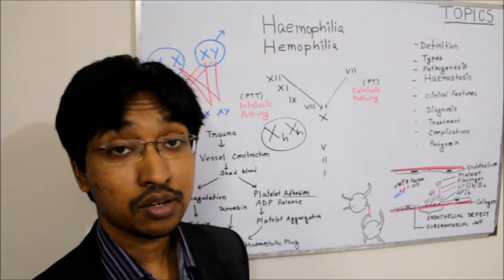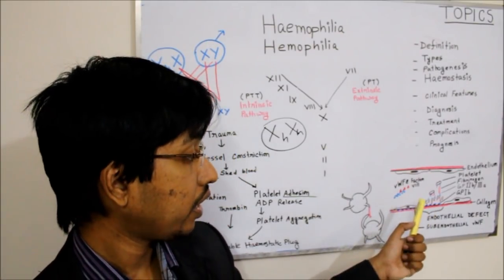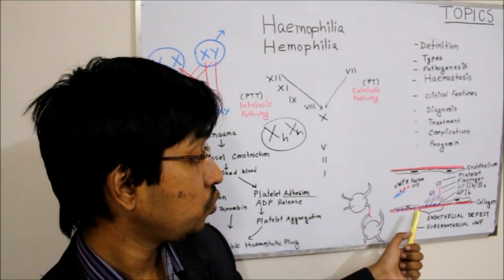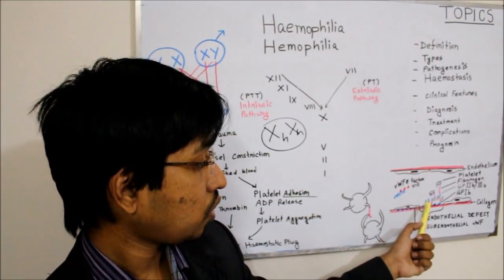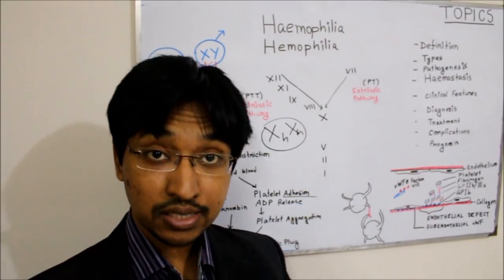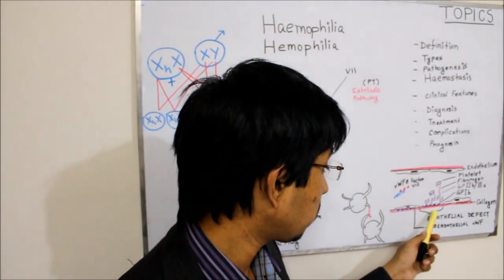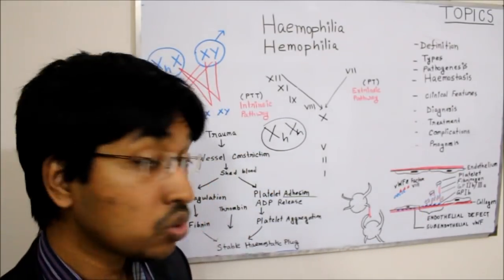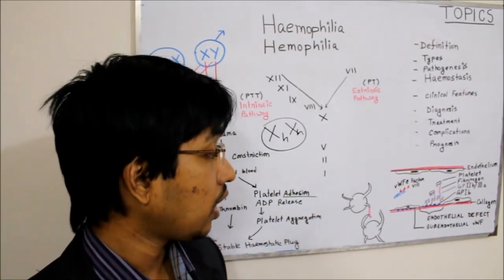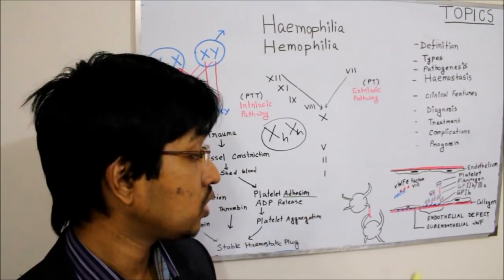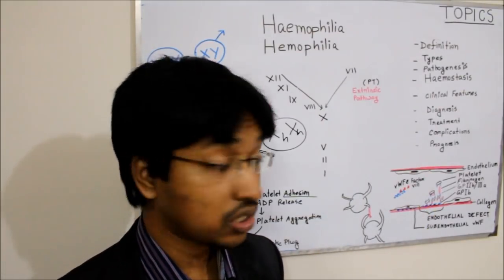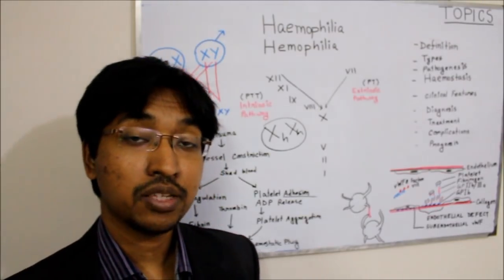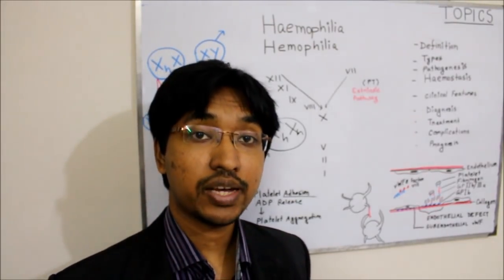Then what will happen? Once the platelets are adhering with the von Willebrand factor, and von Willebrand factor is in fact acting like a bridge between the subendothelial collagen and the platelet, once the platelets through their GP1B have bound with von Willebrand factors in the subendothelial collagen, the platelets will get activated.